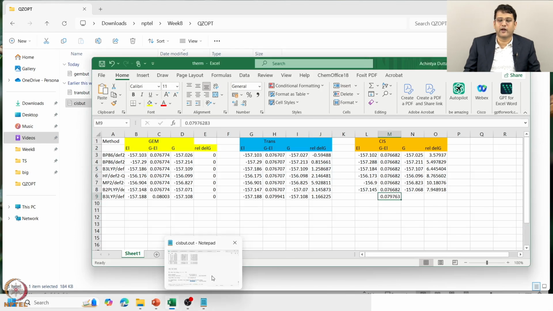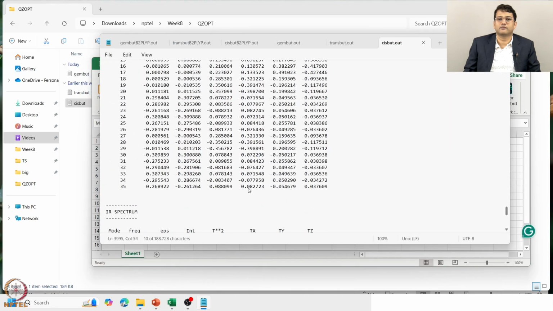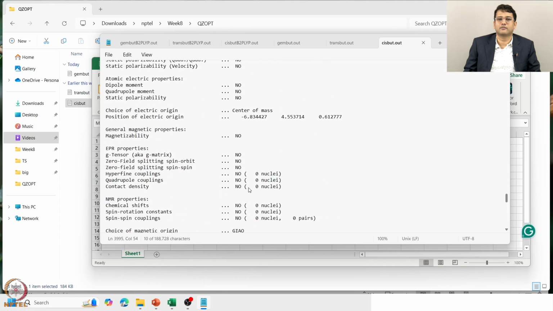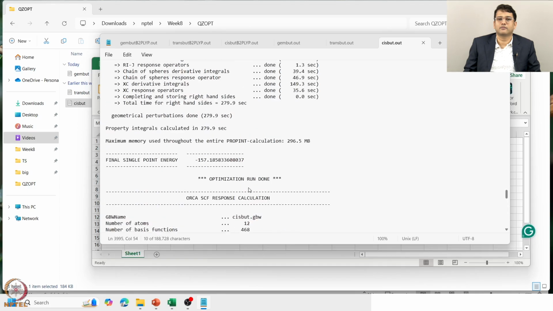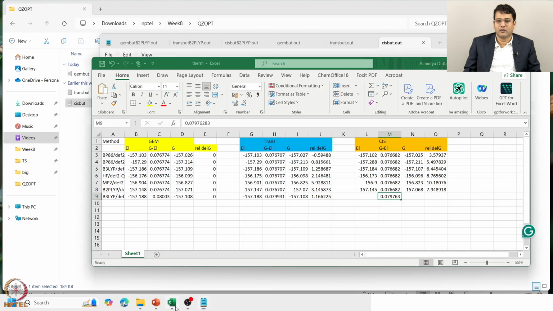Let me add the electronic energy. Add it up to make it a free energy, and this is the relative free energy. 6.44, 5.90, it's still less than 1 kilojoule per mole.